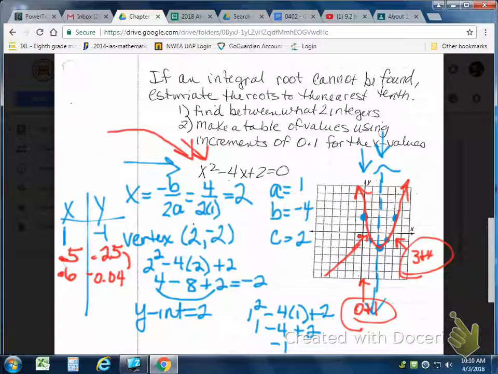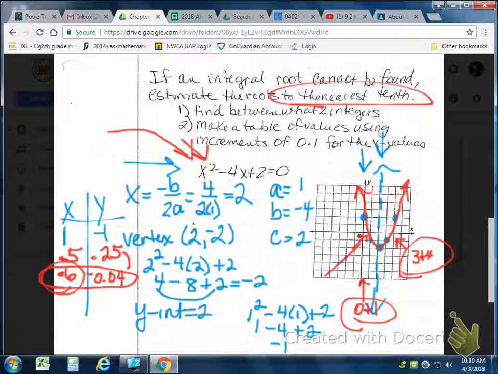So to estimate, like they're saying up here, to estimate to the nearest tenth, you decide, is negative 0.04 closer to 0 or 0.25 closer to 0? And I think everybody would agree this would be the closest. So your first estimate would be 0.6.